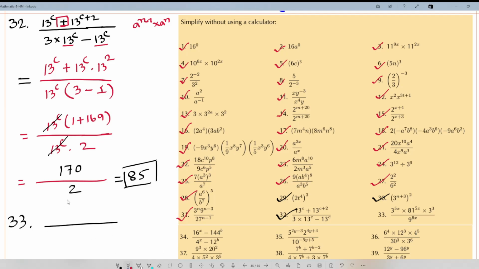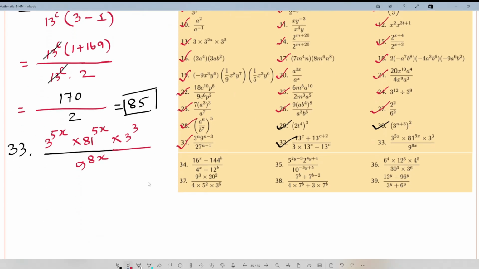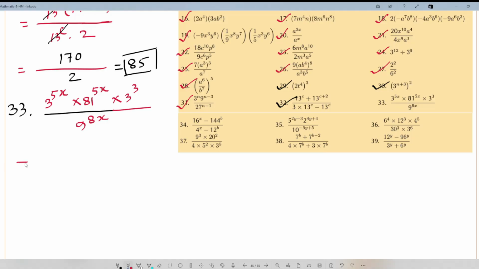So what is the question? 3 to the power 5x times 81 to the power 5x times 3 cubed, divided by 9 to the power 8x. First our target is to prime factorize this 81. So 3 to the power 5x times 81, we can write 3 to the power 4 to the power 5x.